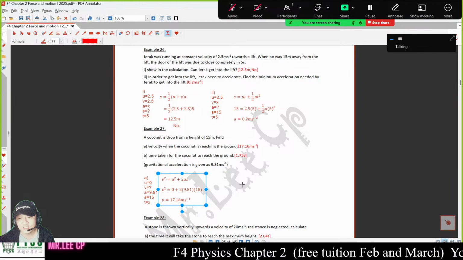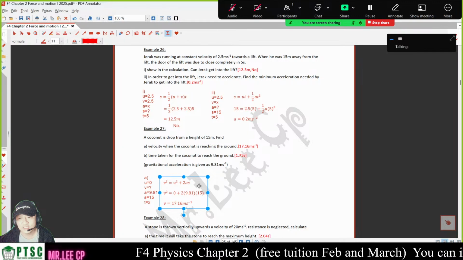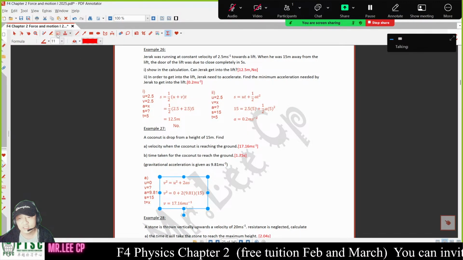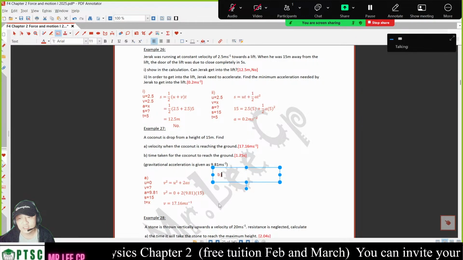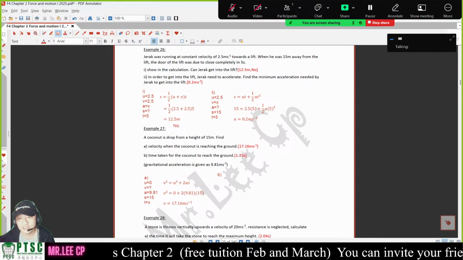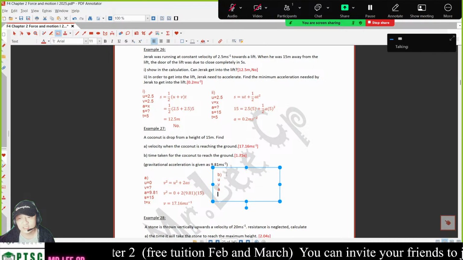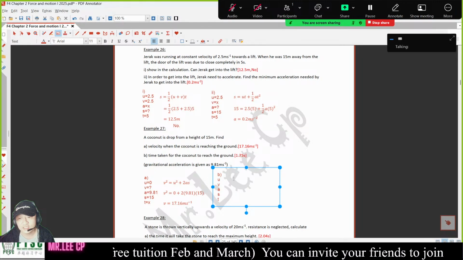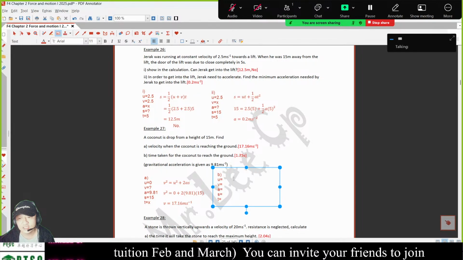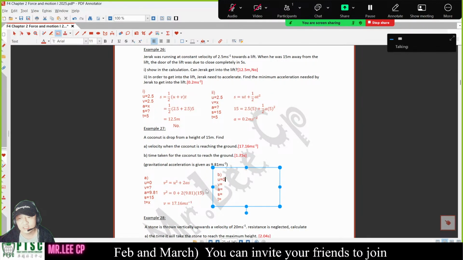Okay. I hope you understand this, right? 17.16. B, time taken for the coconut to reach the ground, right? So same thing, UVAST. U is 0, right?